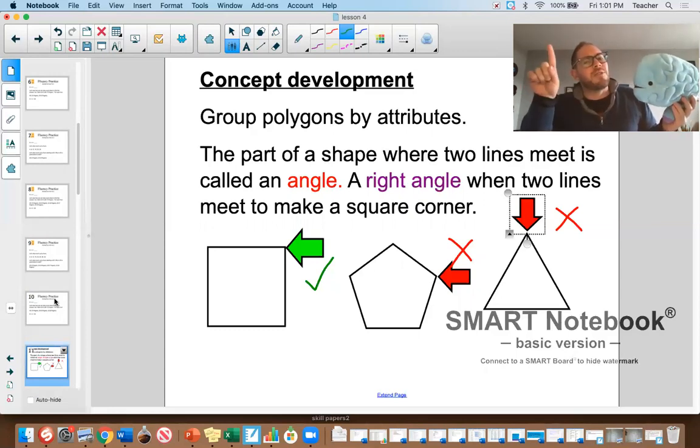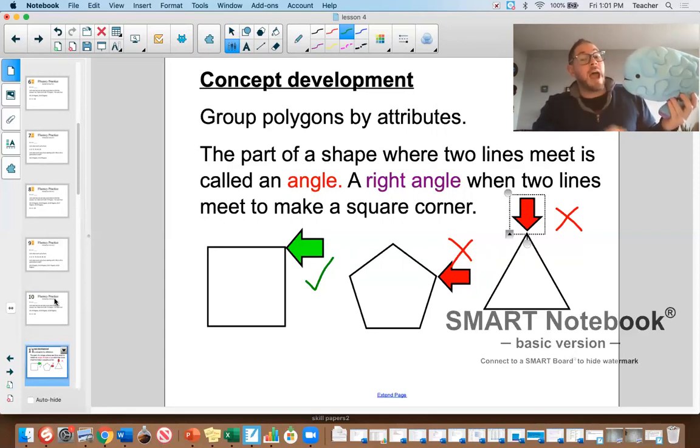Something that goes around the outside, and it's something where those things that go around the outside meet. Lines? Yep, you're right. Every shape has lines and corners. So a quadrilateral is a shape with 4 lines and 4 corners. Oh, that makes sense. Yes, I always make sense, Brain.